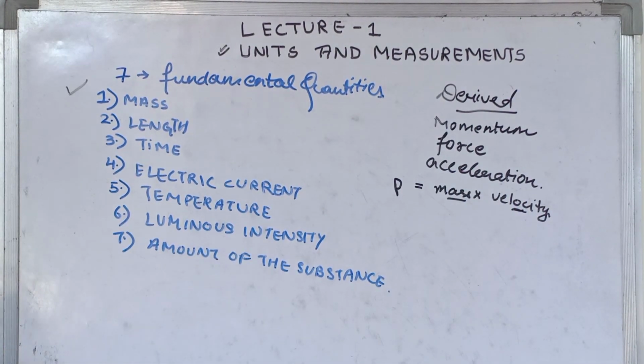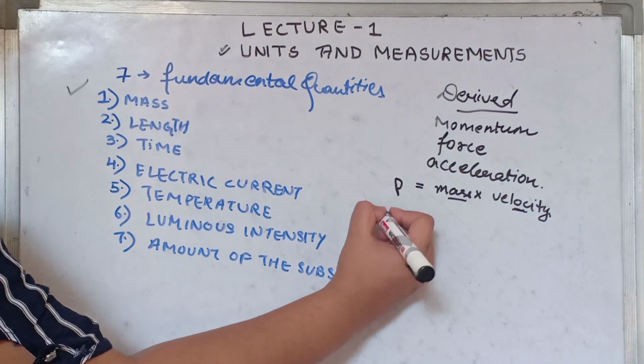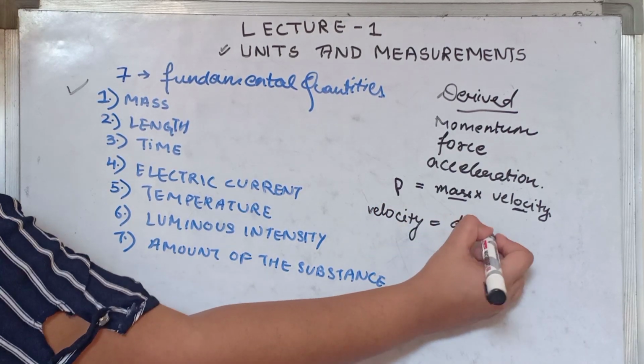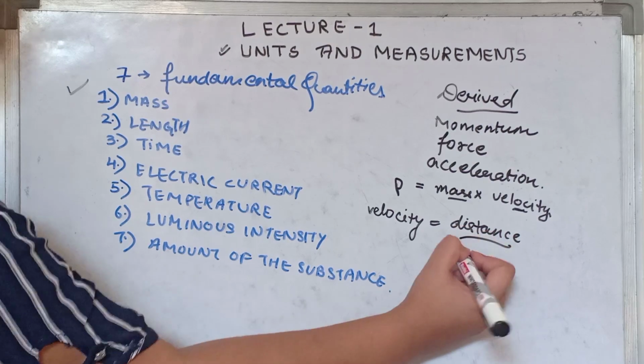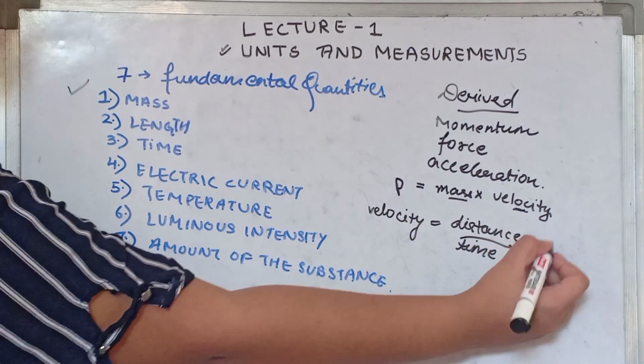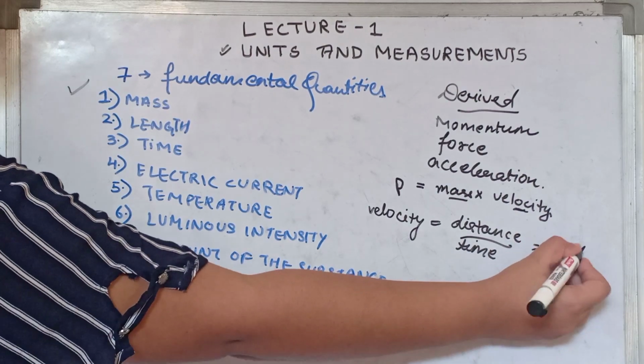Velocity is nothing but distance upon time. And distance is nothing but a certain length.